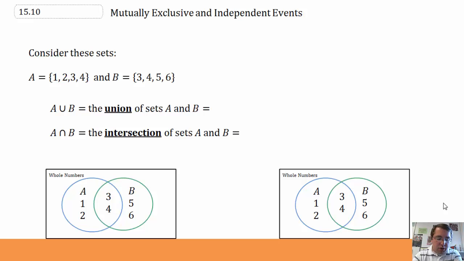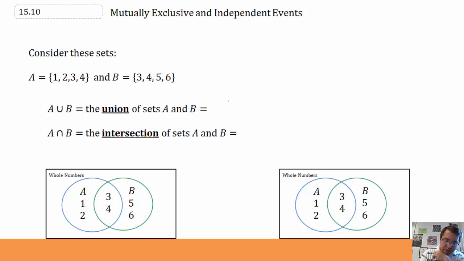A union B, so this U symbol, is the union of sets A and B. So that's all of the elements of A combined with all of the elements of B. All of the elements that are in at least A or B. The union is going to be the set consisting of 1, 2, 3, 4, 5, and 6.